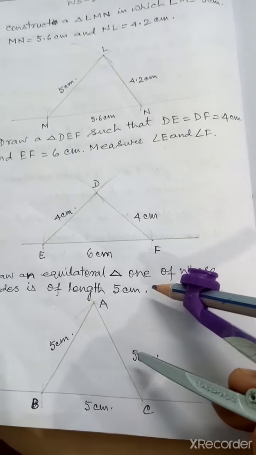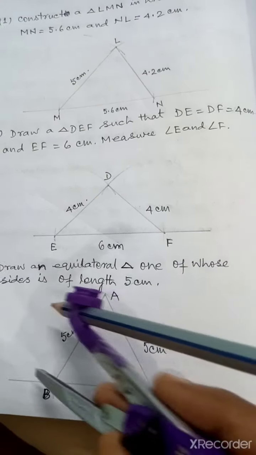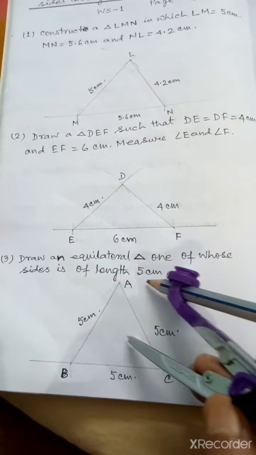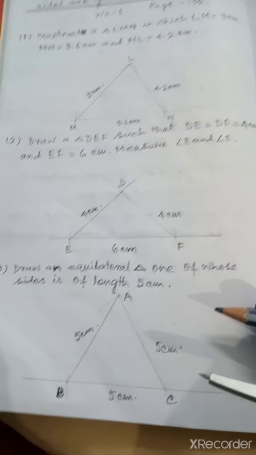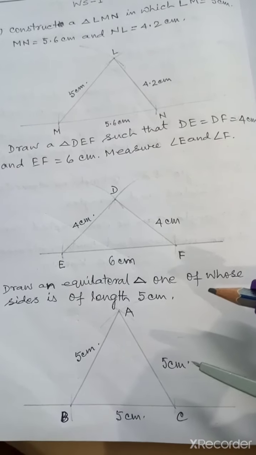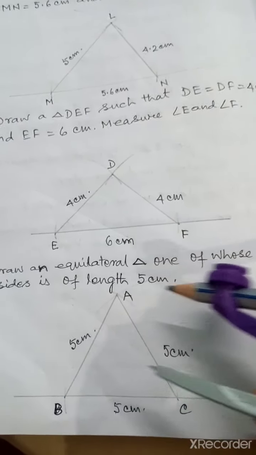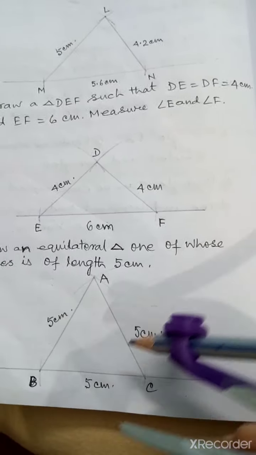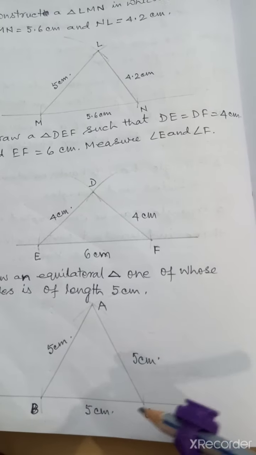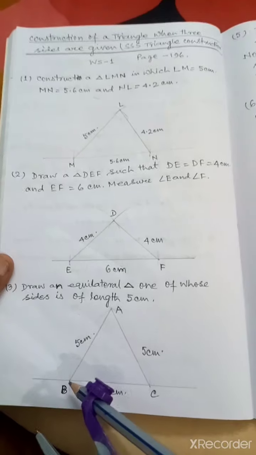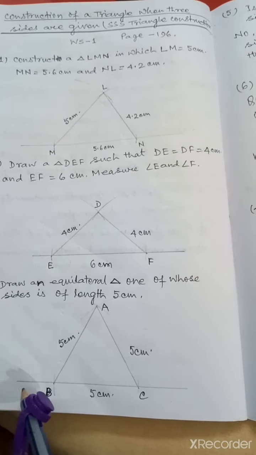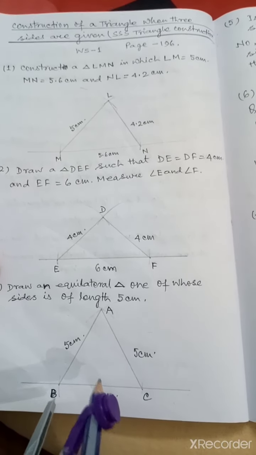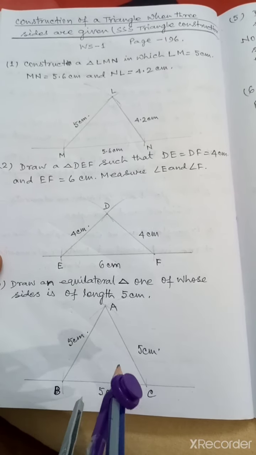Draw an equilateral triangle, one of whose sides is of length 5 centimeter. You know that a triangle whose all three sides are equal length is called equilateral triangle. So draw first of all a line and cut line segment BC equal to 5 centimeter.